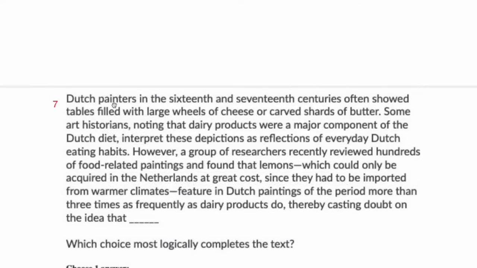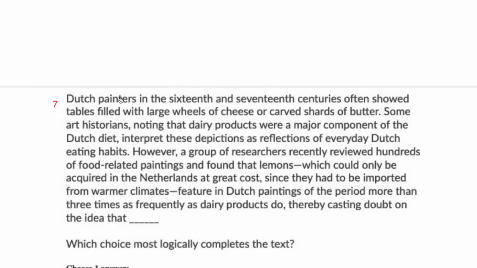Dutch painters in the 16th and 17th centuries often showed tables filled with large wheels of cheese or carved shards of butter. Some art historians, noting that dairy products were a major component of the Dutch diet, interpret these decisions as reflections of everyday Dutch eating habits.